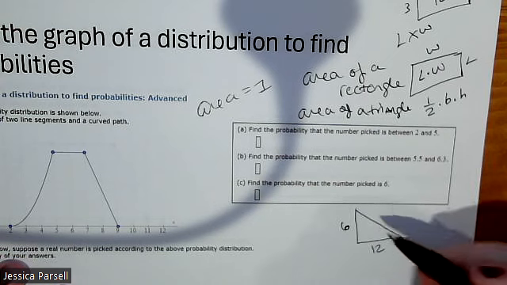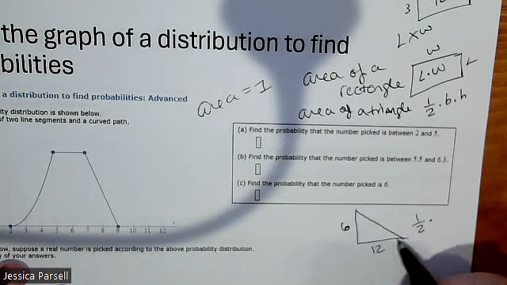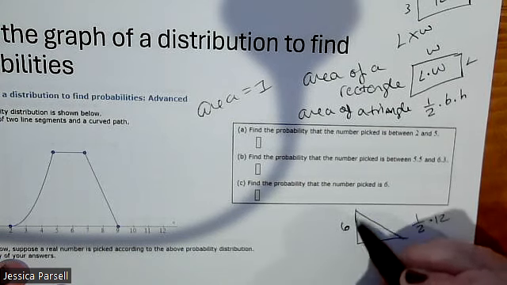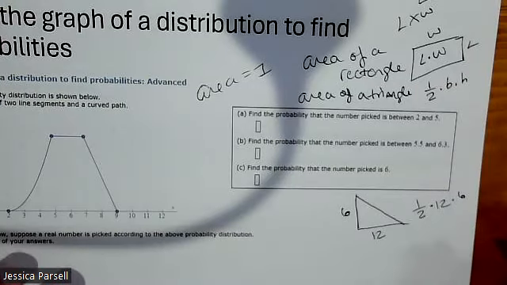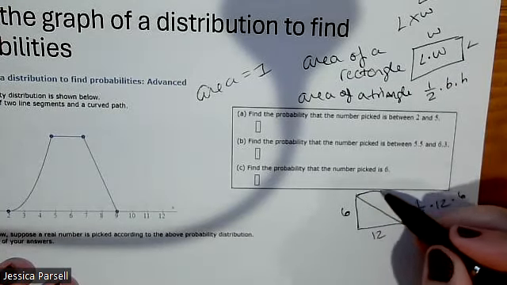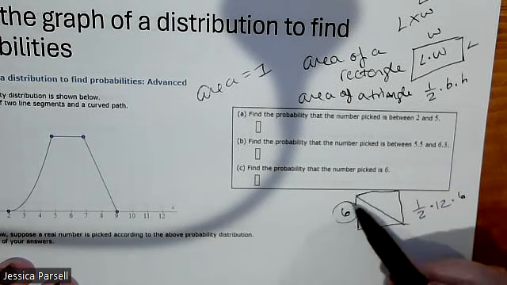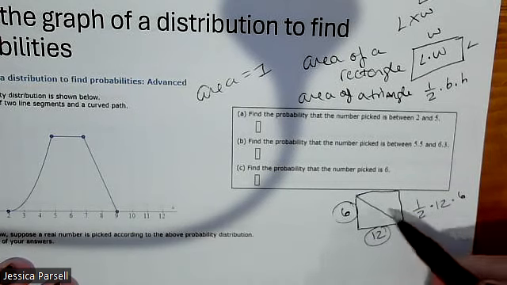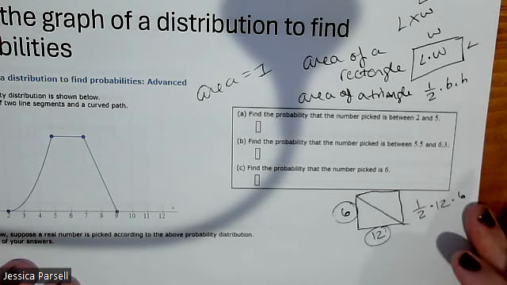So it would be 1/2 times 12 times that height, which is times 6. That makes sense if you think about a triangle as being half of a rectangle. Half of a rectangle would be, well, 6 times 12 would be your area of the rectangle, and then just take half of it, like when you cut your sandwich in half on the diagonal.